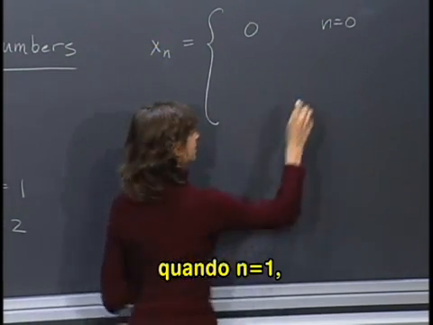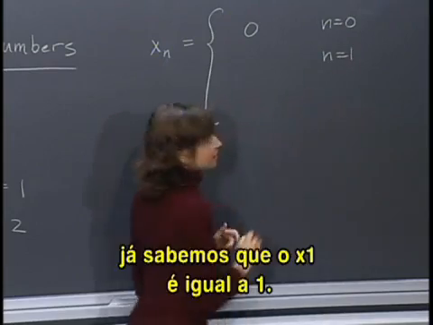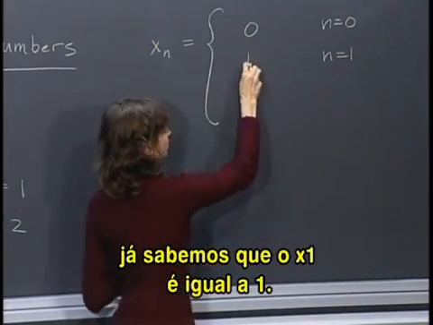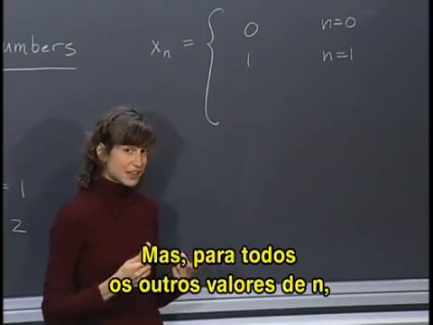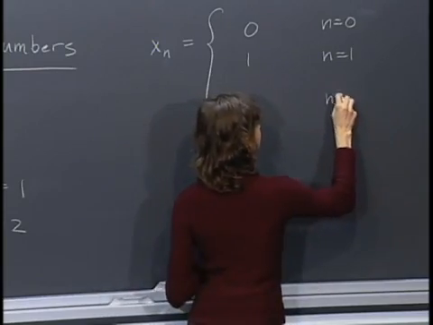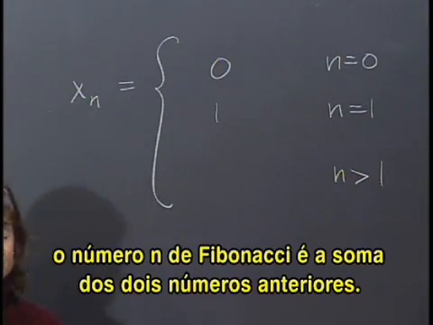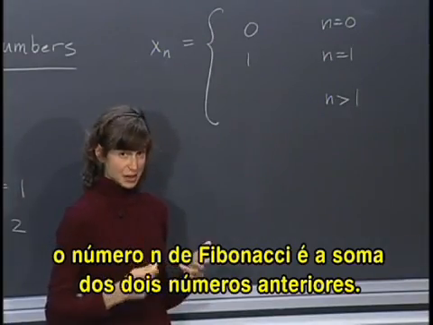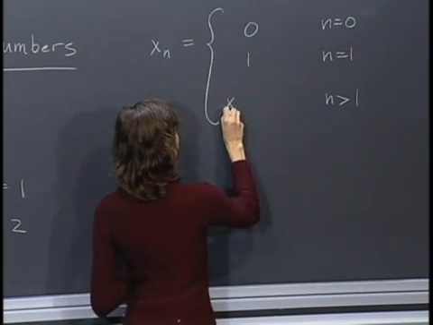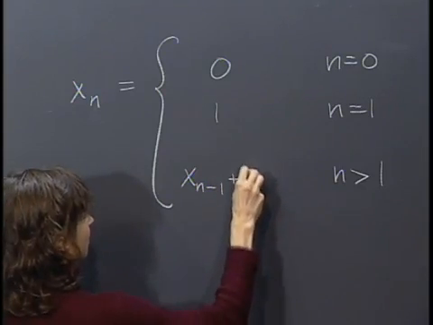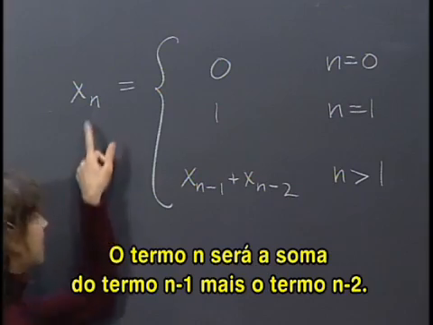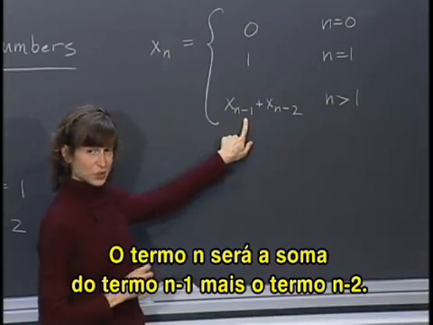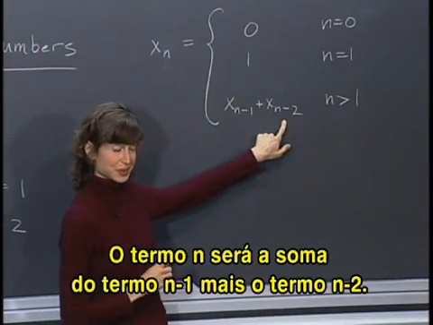When n equals 1, we know that x1 is equal to 1. But for every other value of n greater than 1, the nth Fibonacci number is just the sum of the previous two. The nth term will be the sum of the n minus 1th term and the n minus 2th term.